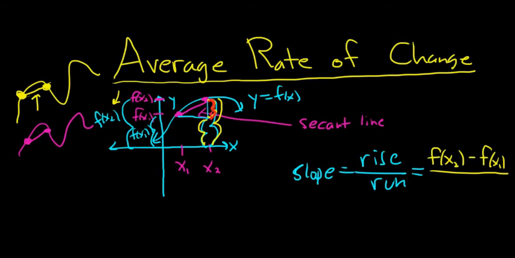And then the run is pretty easy. This distance here is x sub 2, and this distance here is x sub 1. So to get this green distance, you would do x2 minus x1. So that's the run, x2 minus x1. That's the formula for the average rate of change.